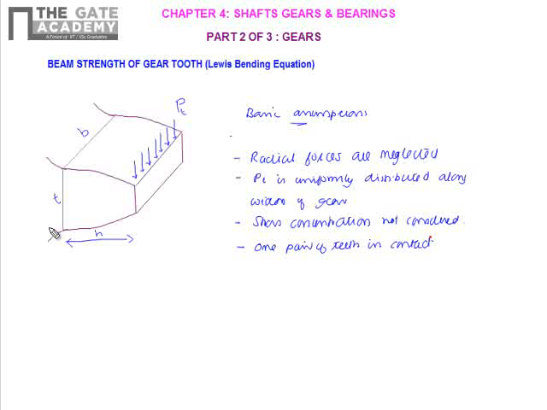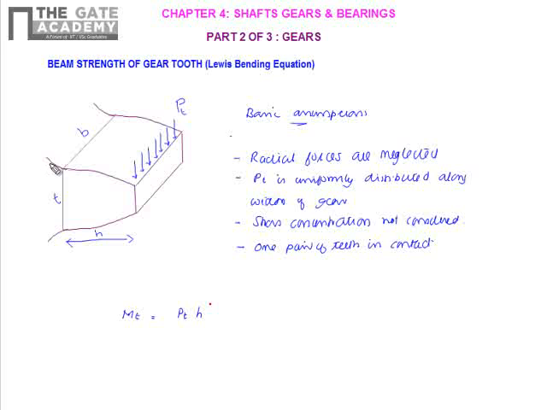Now we have seen that the tangential force will cause bending of this tooth about the base. So the bending moment which causes this failure will be given as Pt into h, the bending moment about the root of the gear.